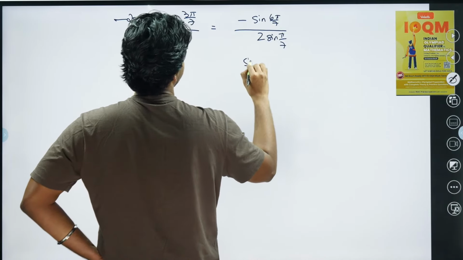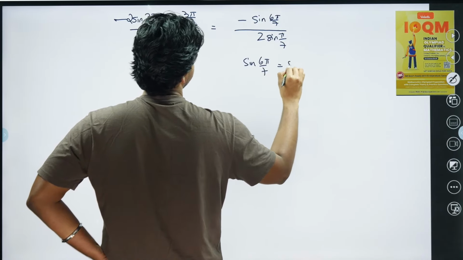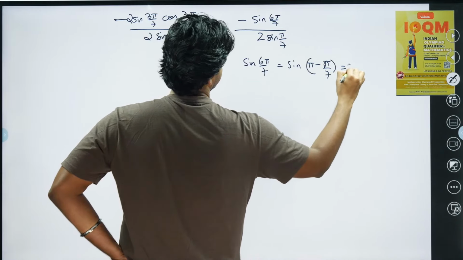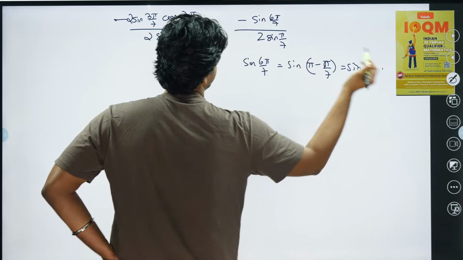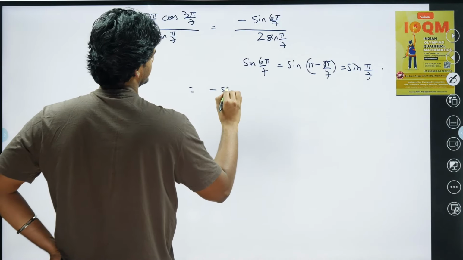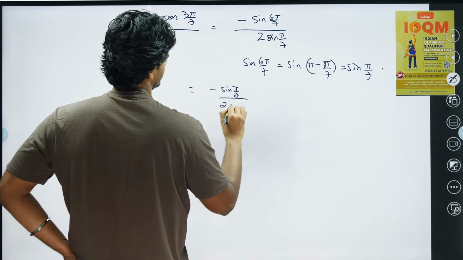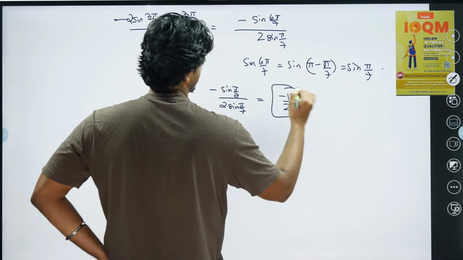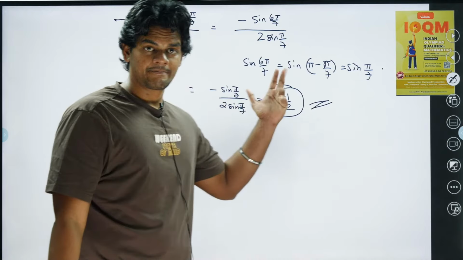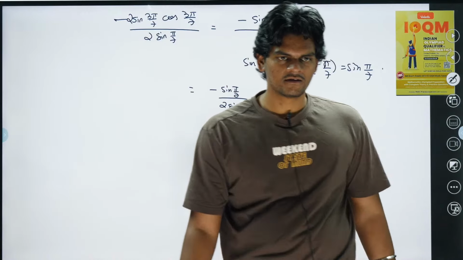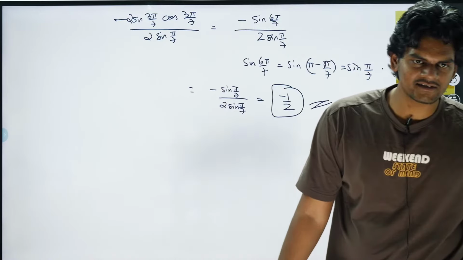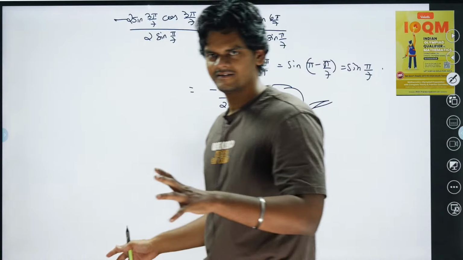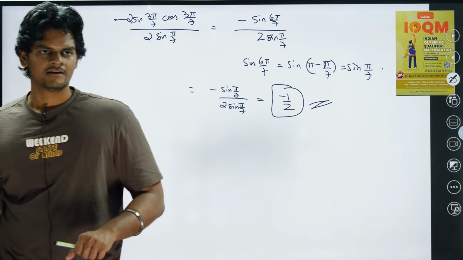Now sine 6 pi by 7 is sine pi minus pi by 7, which is sine pi by 7. So this will be minus sine pi by 7 over 2 sine pi by 7. That's it. Is that clear? That turned out to be very simple, right?